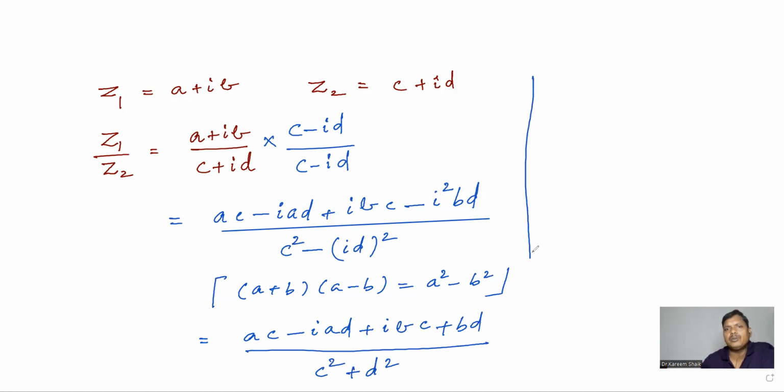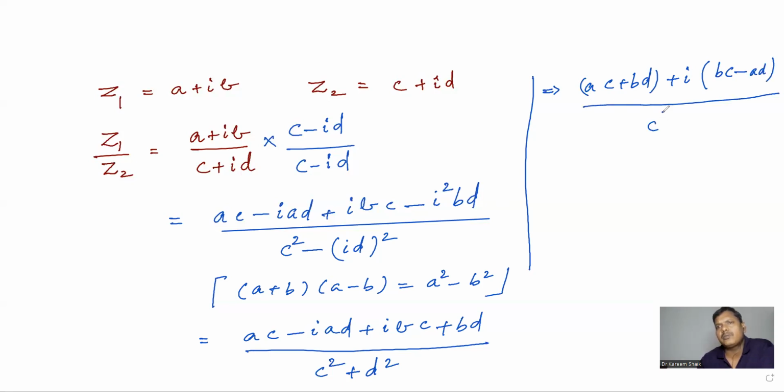Observe here what I am going to do now. That implies, can I write it as ac plus bd, now plus iota I am taking common, plus into bc minus ad, upon c square plus d square?